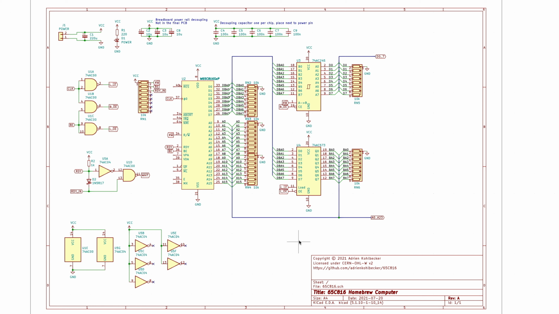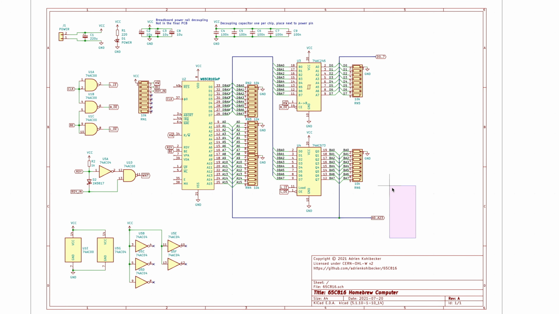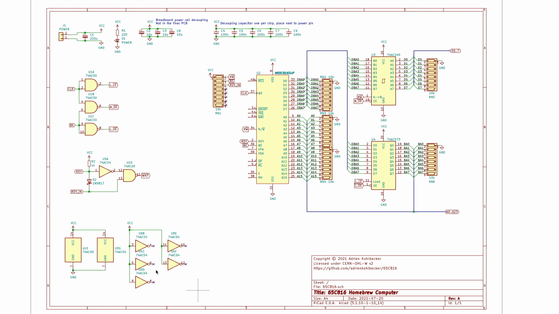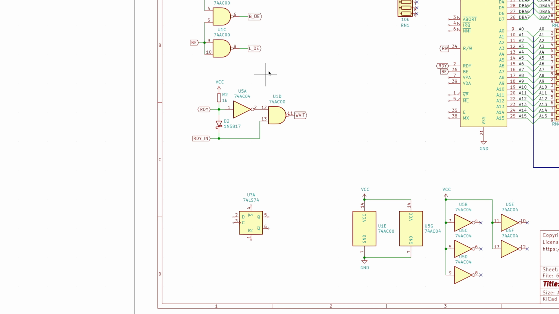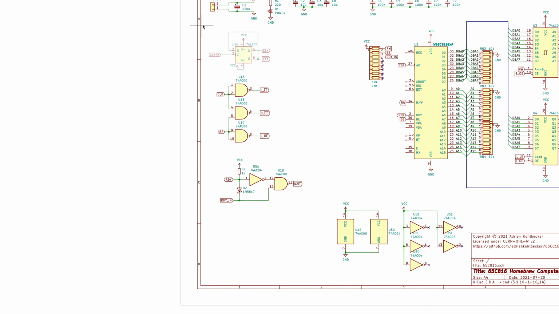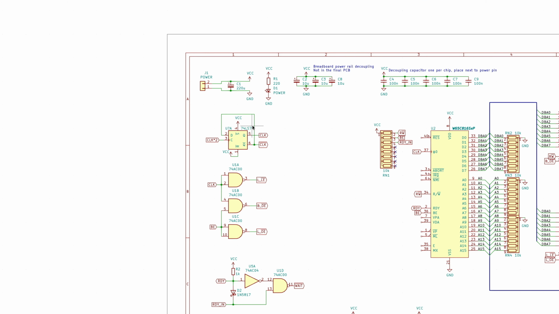So I have here our KiCad project where we left off the last time. Let's start by adding the clock frequency divider. Okay, so this is our frequency divider added to the circuit. Let's add our control logic.